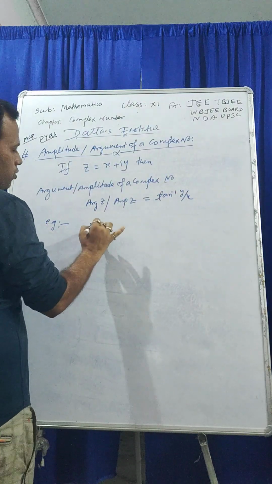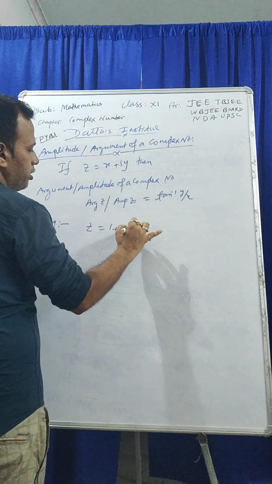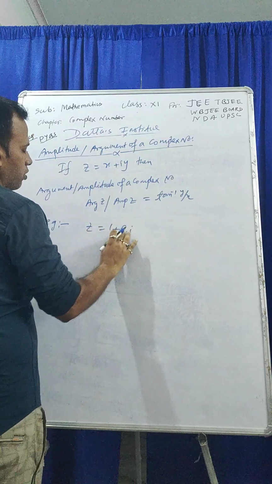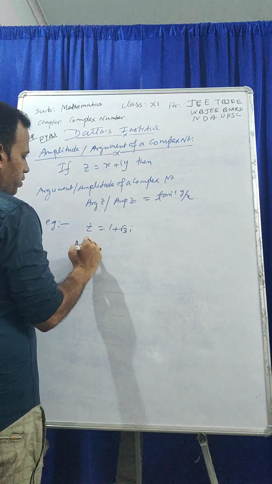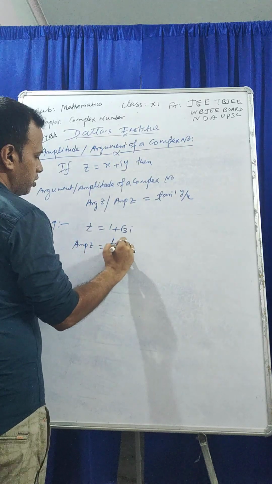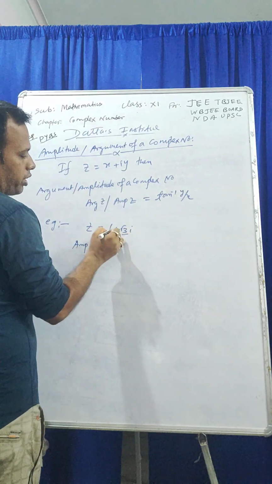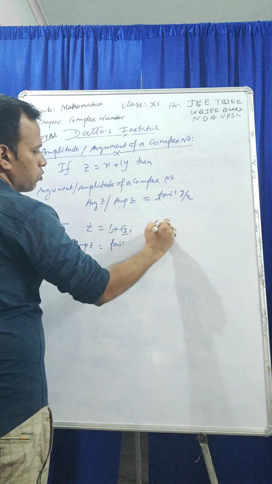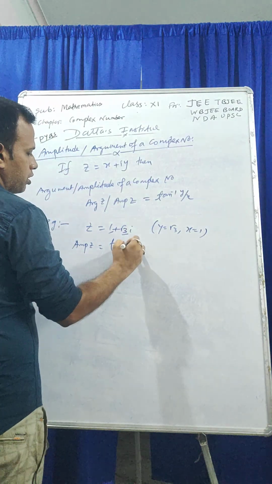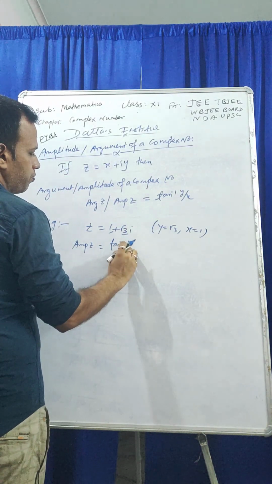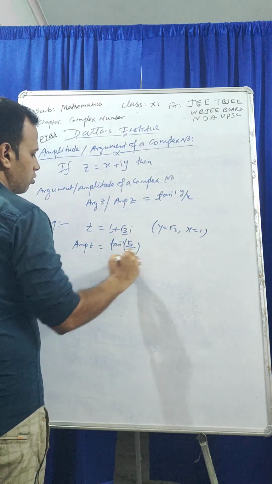If I take Z equal to 1 plus root 3i, then AMP Z will be tan inverse y by x. Here y is root 3 and x is 1, so it will be root 3 by 1.